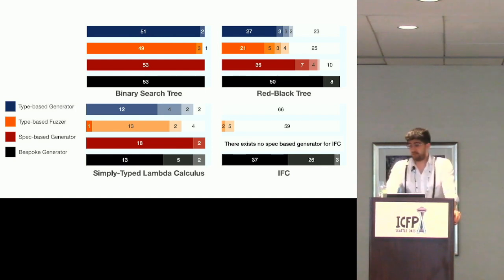And the second is, although the type-based fuzzer is less performant than the type-based generator in all of the other workloads, it solves 7 tasks in IFC, whereas the generator solves none.